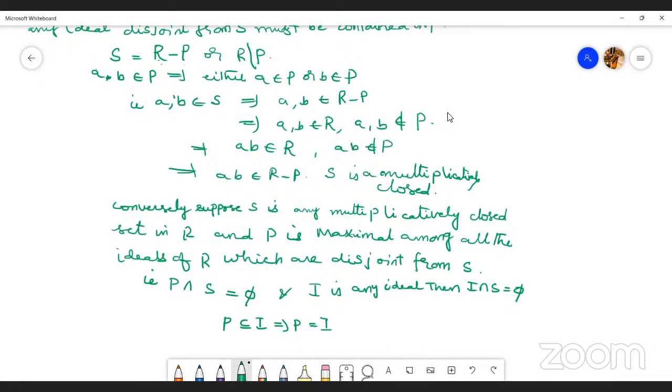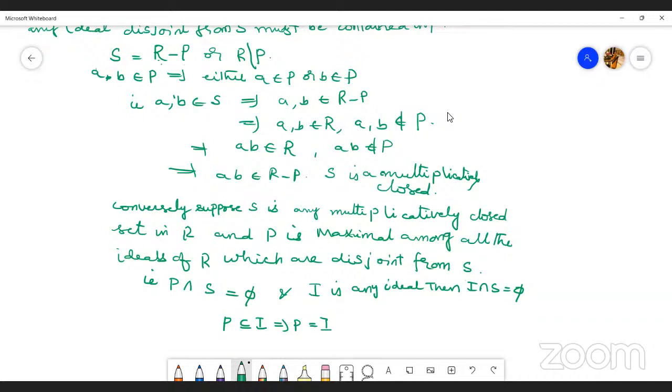Now take a, b belongs to S. That means a, b belongs to R minus P, so you have ab belongs to R and ab does not belong to P. Hence S is a multiplicatively closed set.